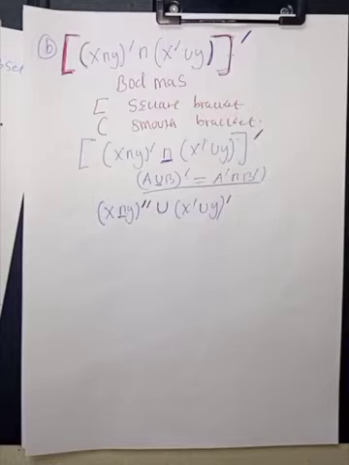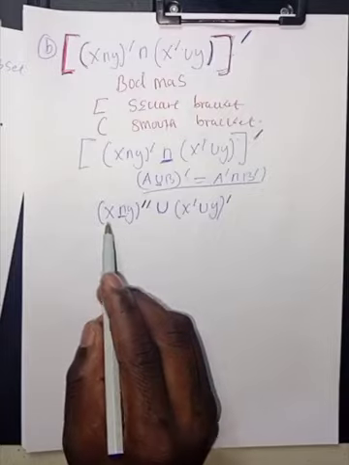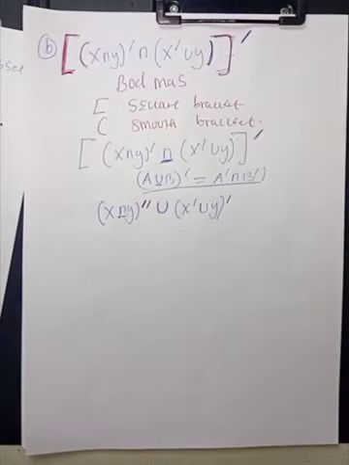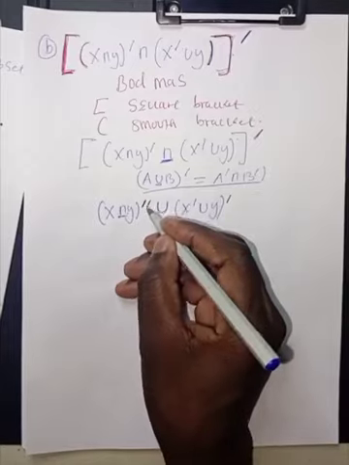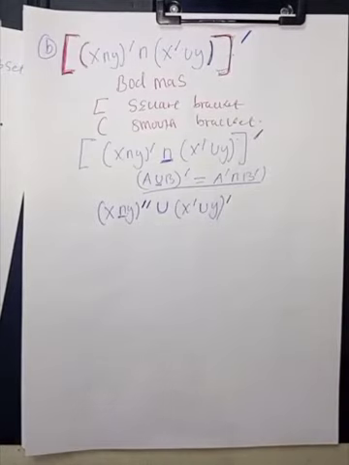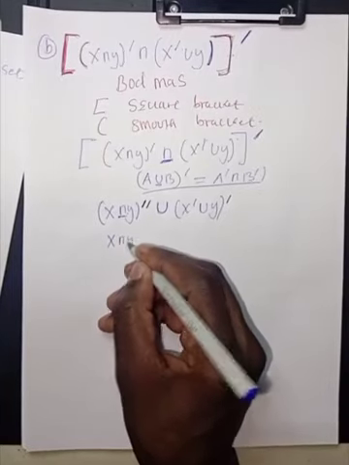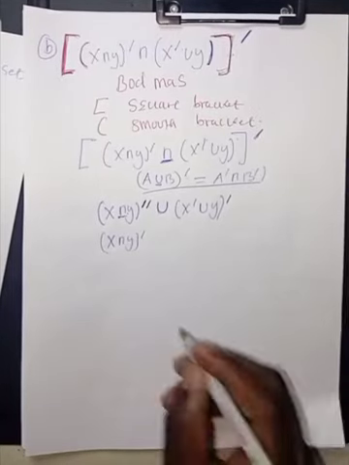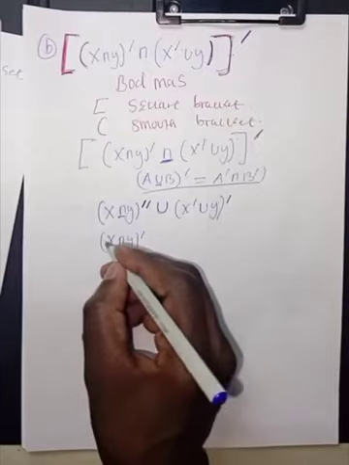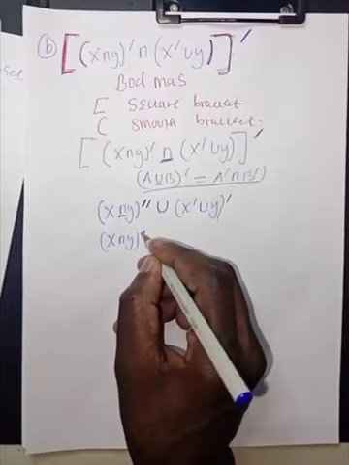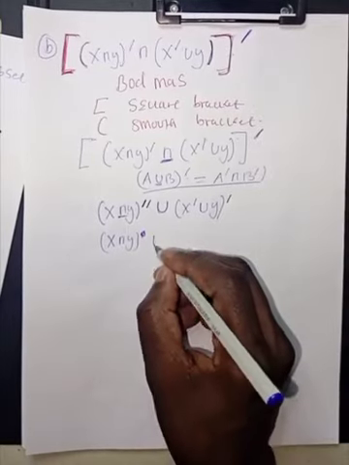So x intersection y, we have complement. If you have two complements, they cancel each other. So this side we are going to have x intersection y, without a complement.